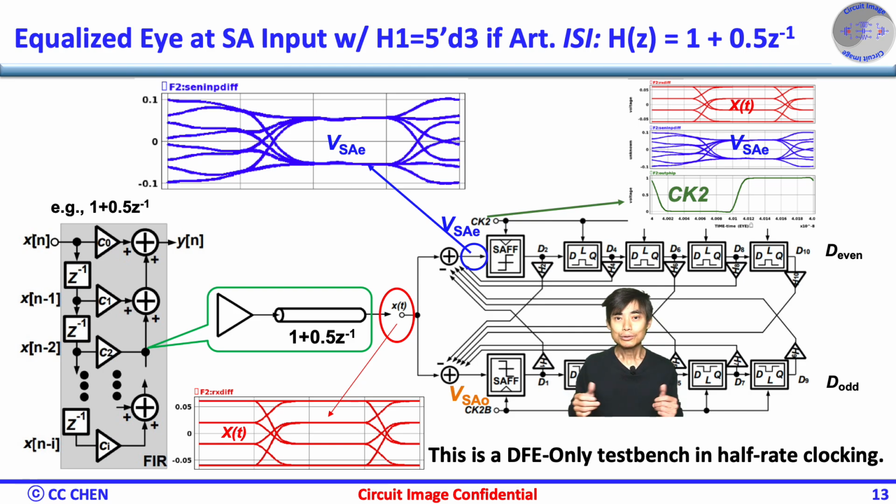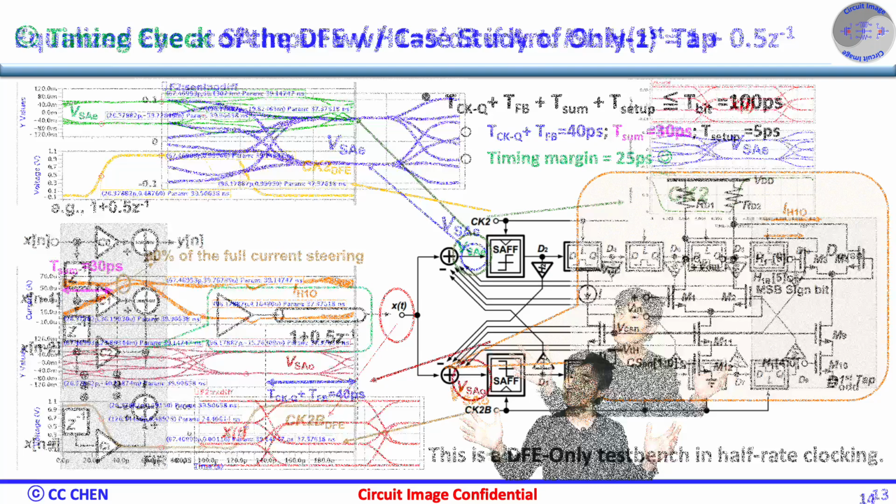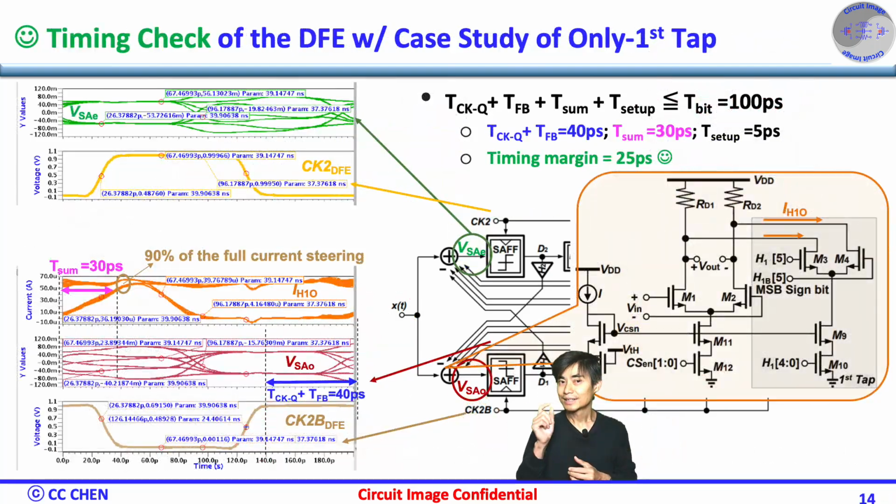But what do you need by using the artificial ISI? Sure, timing check. So, you need to check the timing of stages or nodes one by one. For example, the clock's rising edge triggers the sampler to make the output toggle from the sampler's output to the buffer output. The total delay was 40 picoseconds.